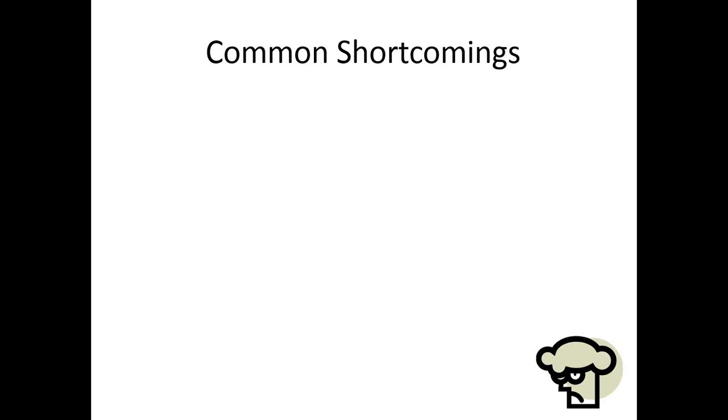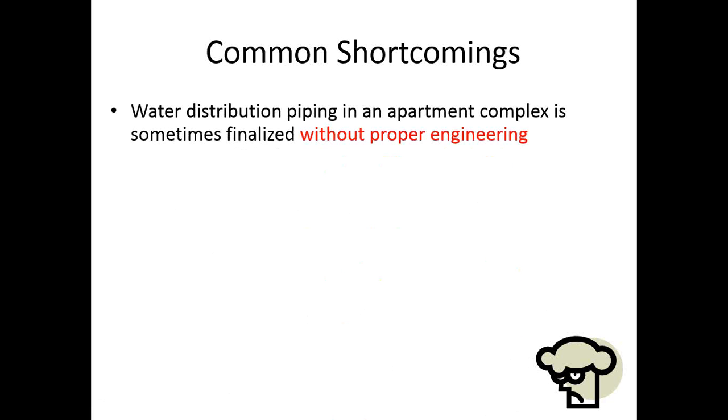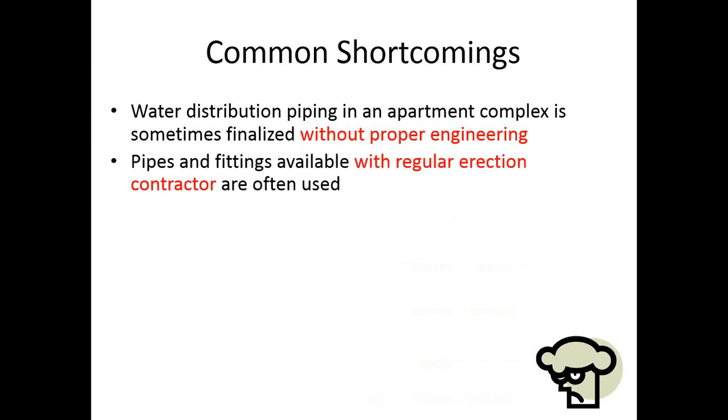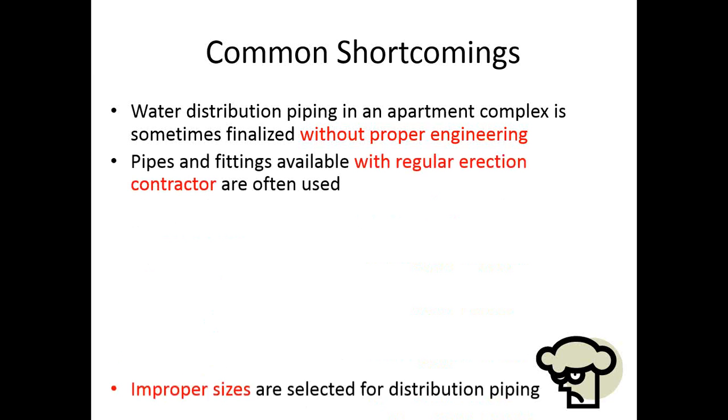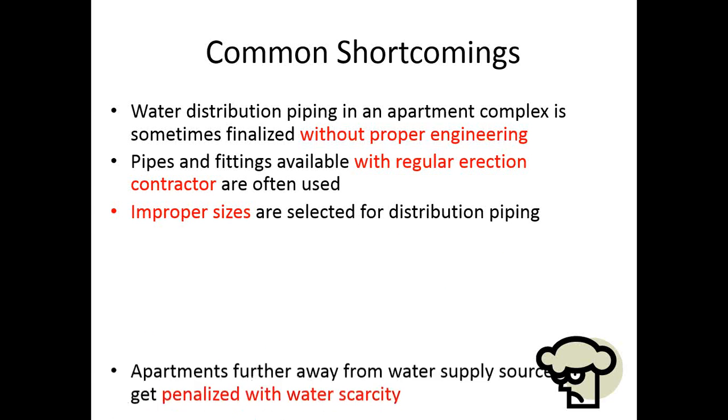Here are some of the common shortcomings. Water distribution piping in an apartment complex is sometimes finalized without proper engineering. Pipes and fittings available with the regular erection contractor are often used. Also, improper sizes are selected for distribution piping.